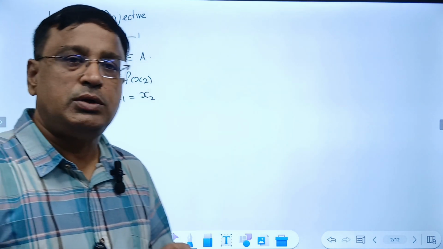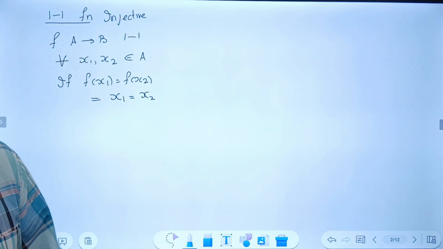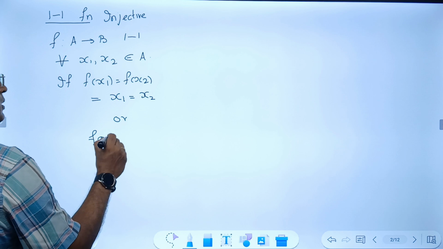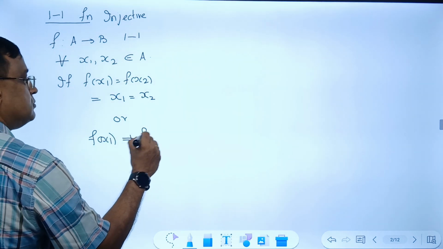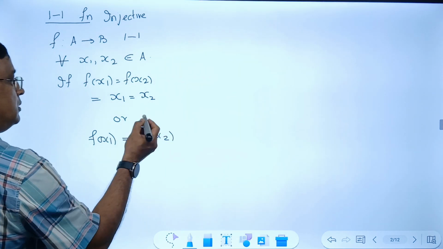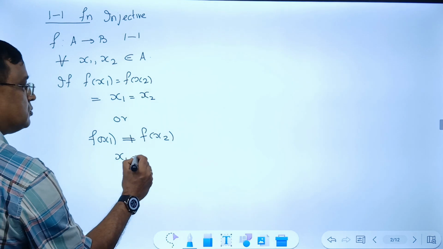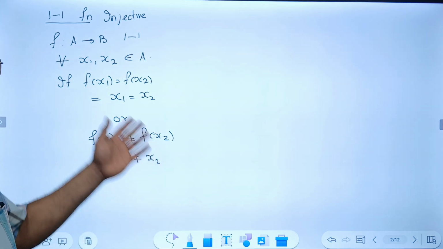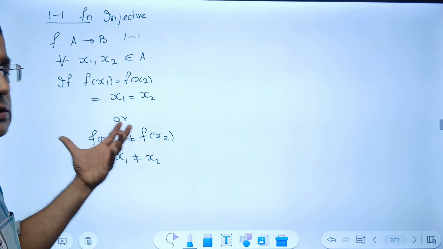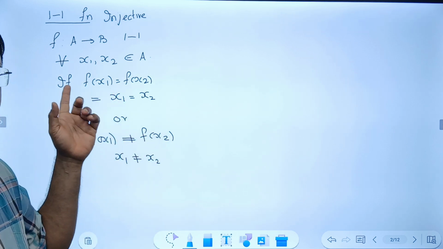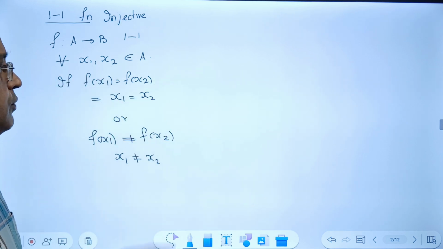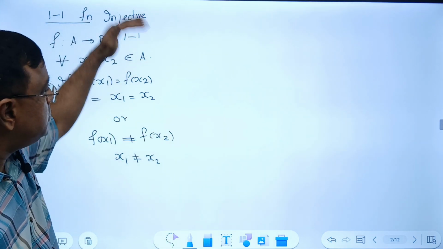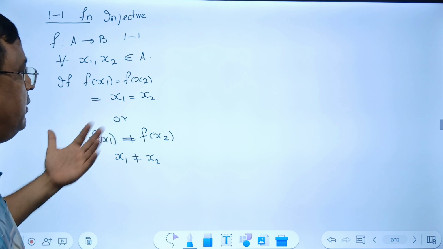If x1 and x2 are the same, f of x1 and f of x2 must be the same. Or you can have f of x1 not equal to f of x2: if the images are different, then the pre-images should also be different. So this is the definition of one-to-one. Already we have discussed it. I will also put the link of those videos in this video for your reference. To begin with, I'm just giving you a small introduction; detail we have done before.